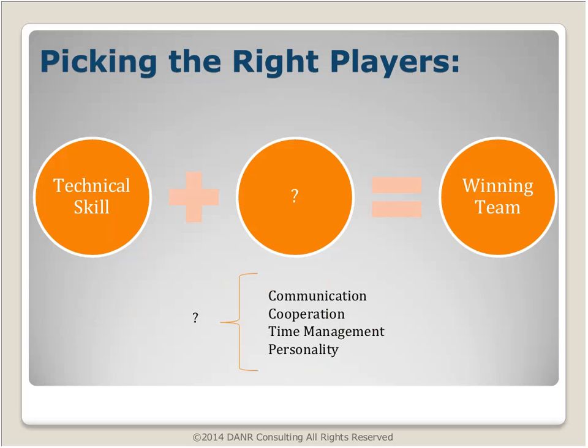So how do we pick our teams? Well, to get a winning team requires technical skill or competence, plus some intangibles. And each of us has to define what those intangible elements are for us. Sometimes they might be things like communication skills or cooperation, because maybe you've got a difficult client that's going to provide some challenges, and you need someone who's going to be able to facilitate that interaction.